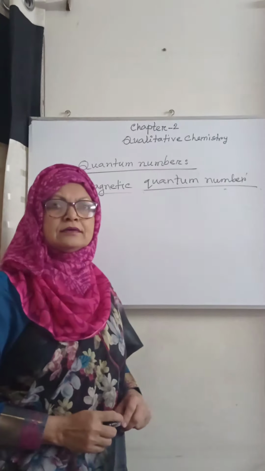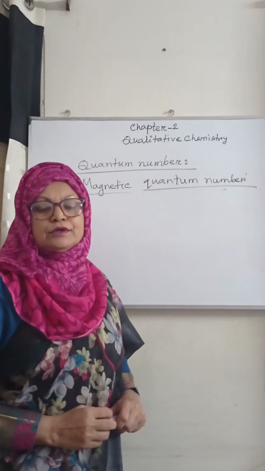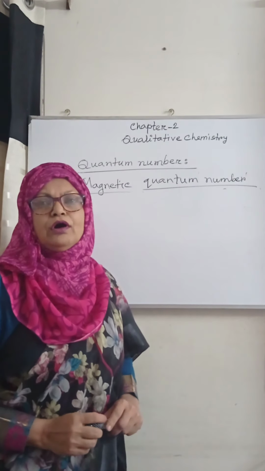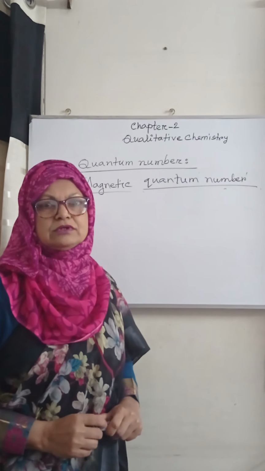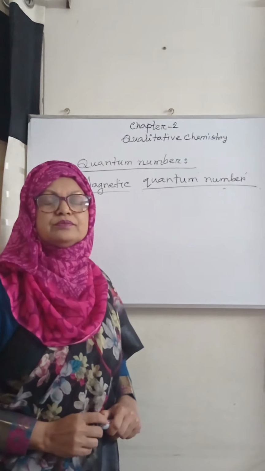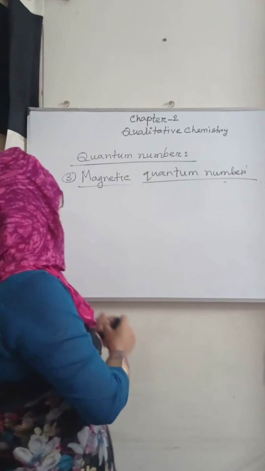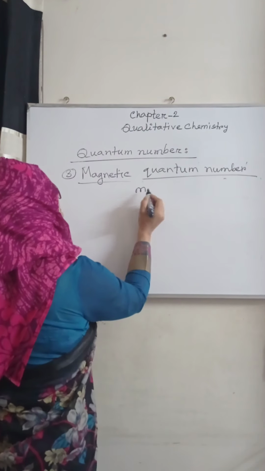So the quantum number which expresses the orientation or different three-dimensional structure of the electron orbit is called the magnetic quantum number, and it is expressed by m.